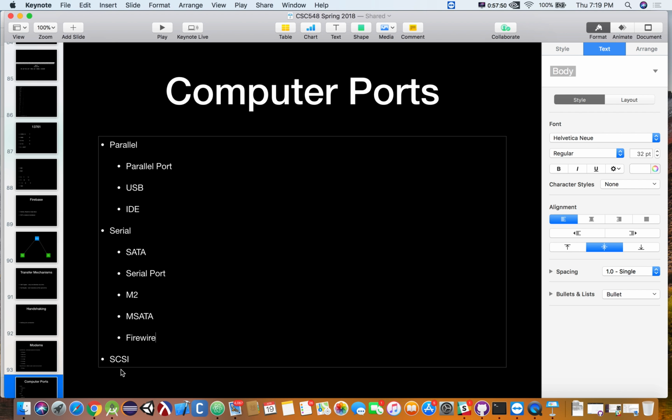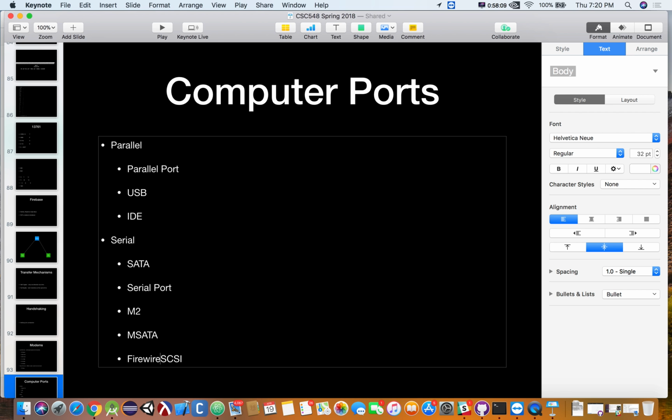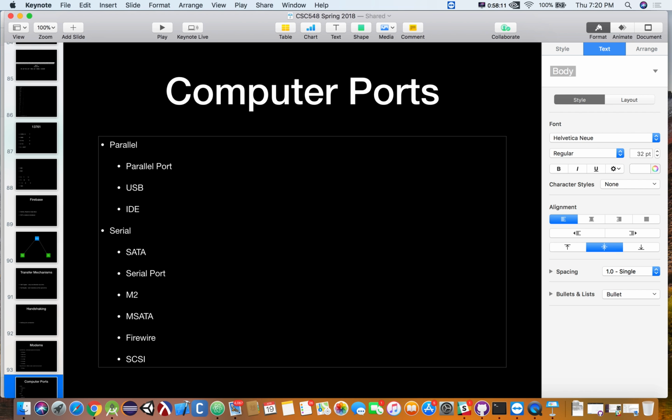Who was SCSI's main competitor? Only one of you had heard of SCSI before? So who was SCSI's competitor? SCSI's competitor was IDE. So IDE was parallel, SCSI was a serial technology.